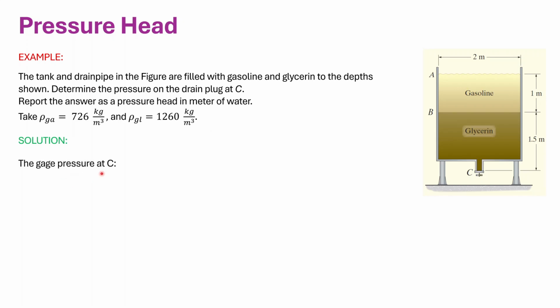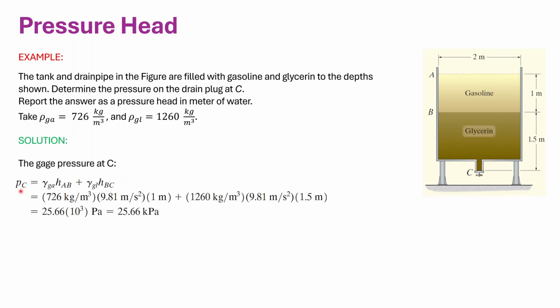Solution: the gauge pressure at C, P sub C, equals gamma H plus gamma H. The first term is for gasoline, and it goes from point A to B, times HAB. So PC equals gamma of gasoline times H of gasoline from here to here, plus gamma of glycerin, which is the specific weight of it, times HBC, which is from here to here.